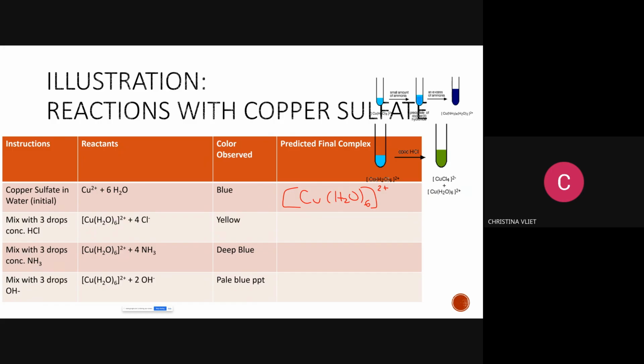So even with that high concentration, and if you read the textbook, you'll see they've shown a picture of this. You actually don't observe the yellow color, and I apologize in advance. If this ligand substitution completely happens, the color you get is yellow. Every time I've ever done this, even with completely concentrated hydrochloric acid, I get green. Why do you think that's so?